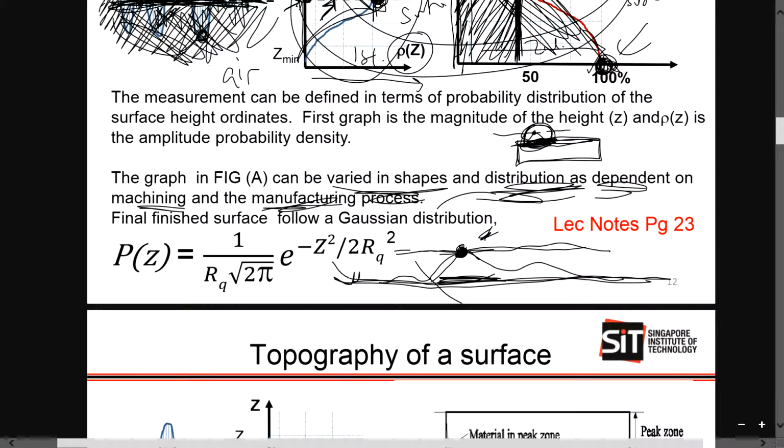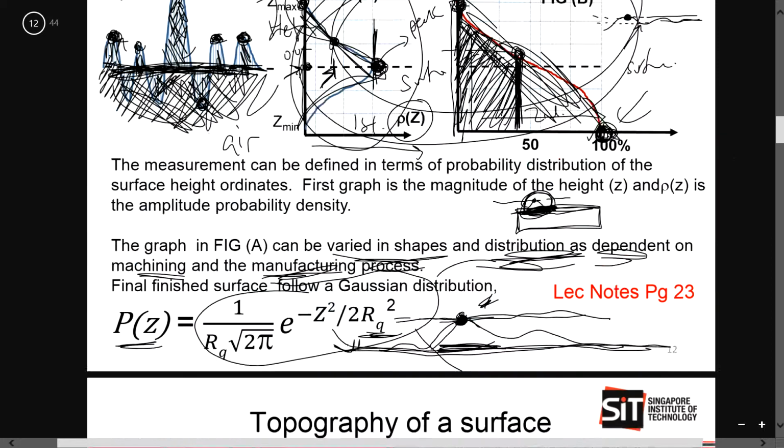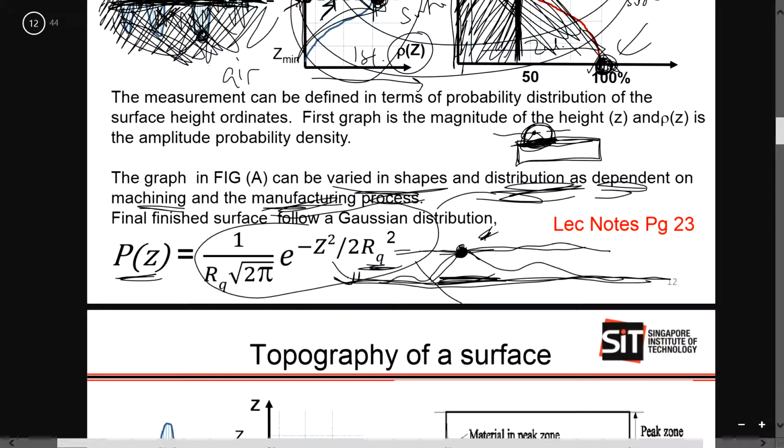The probability uses this equation, and RQ is the root mean square. RQ is over here, so you calculate your root mean square, and then you can calculate your other values. This Z is about if you use Z1, what is the probability of Z1 happening.